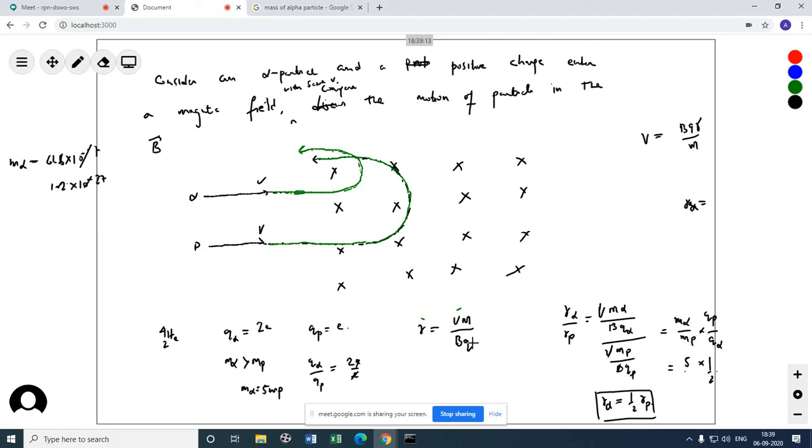Or mass is the same, charge is different. Definitely if charge is more, radius would be less. Don't write it. Compare from the equation. Look at this. R is inversely proportional to Q, keeping every other factor constant. Okay? Yes, sir. Keeping every other factor constant.